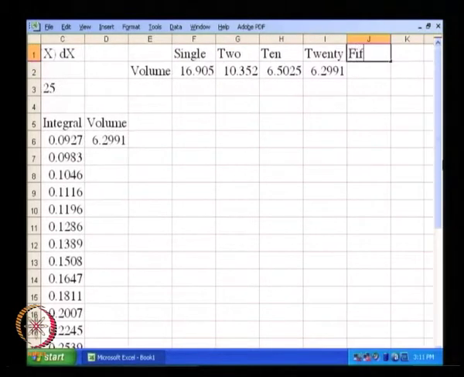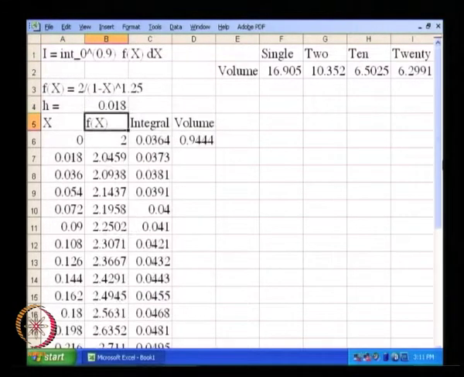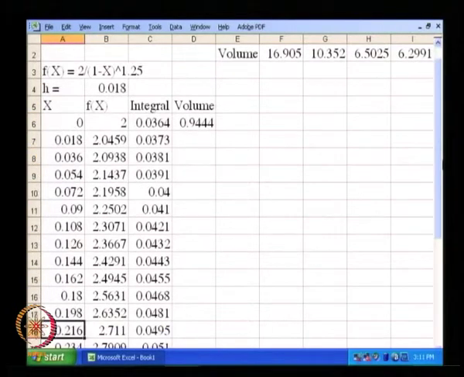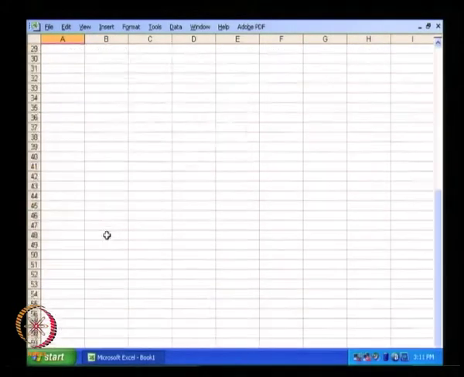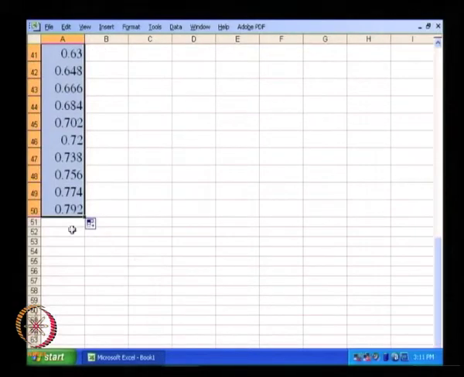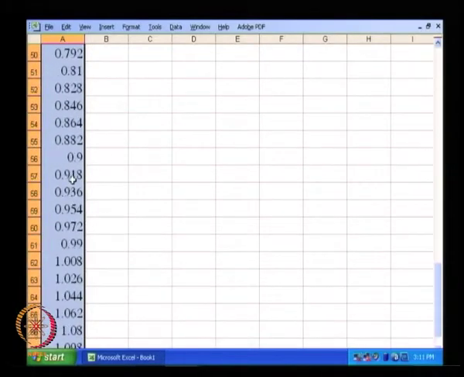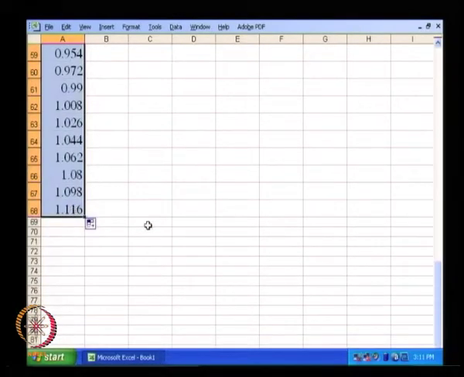Let us do 50 applications now, and h then is going to be equal to 0.9 divided by 50, and we just drag this for many more cells, so that we reach 0.9.